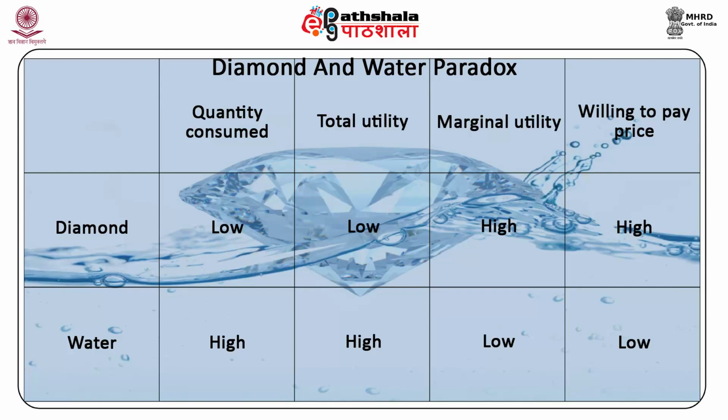The total utility of all the water used by a consumer is far greater than the total utility from all the diamonds she buys. However, demand depends on marginal utility and not on total utility.